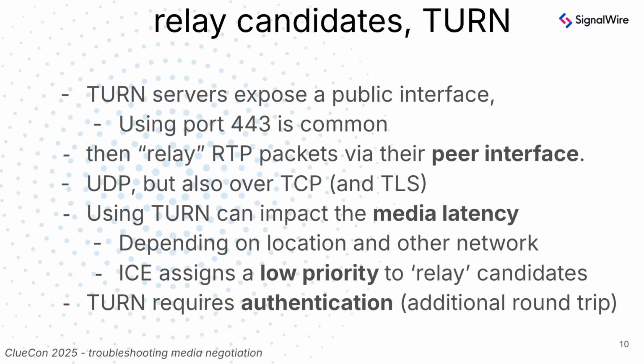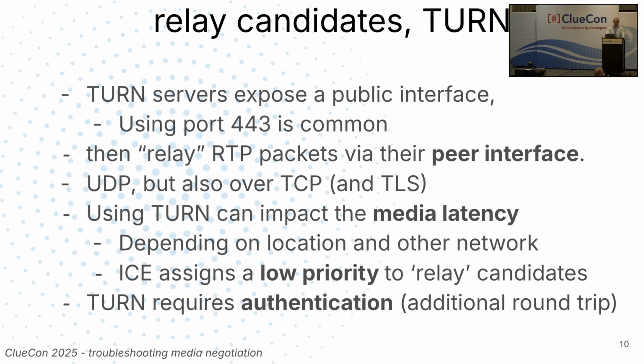So we use TURN typically on port 443 because it's a sort of last resort, and typically the last resort is trying to use 443, which is typically open in offices. And we also offer not only UDP but also TCP, because that could be the only possible transport available for that browser in that specific situation.